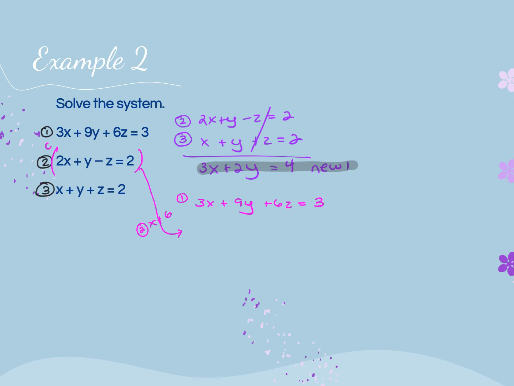So this whole thing is getting multiplied by positive 6. I get 12x plus 6y minus 6z equals, and be careful, make sure you go all the way to the other side of the equal sign with that 6. I get 15x plus 15y equals 15. And this is new 2.